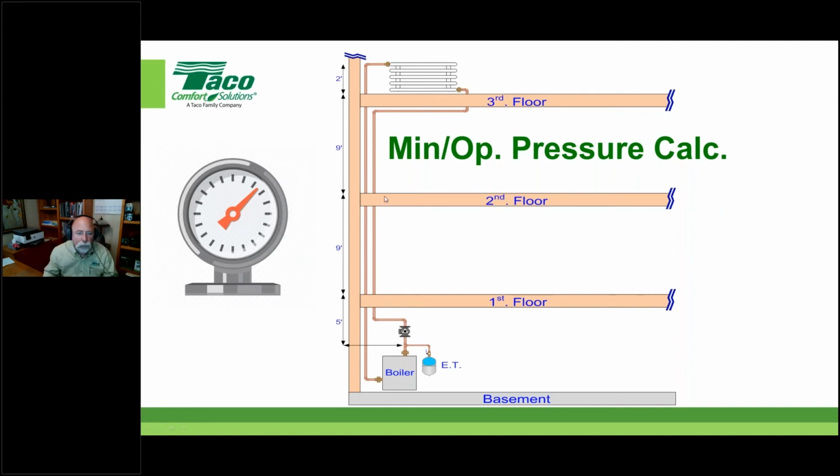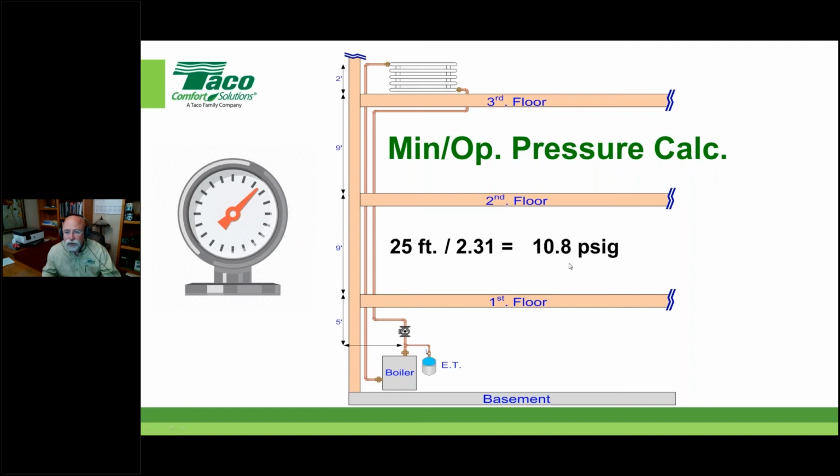Call it whatever you want. But we need to know 9 and 9 is 18, plus 2, plus 5. We got 25. 25 foot is what we're going to use in this calculation. We're going to divide that by 2.31. That'll break that down and give us what the pressure will be right here.